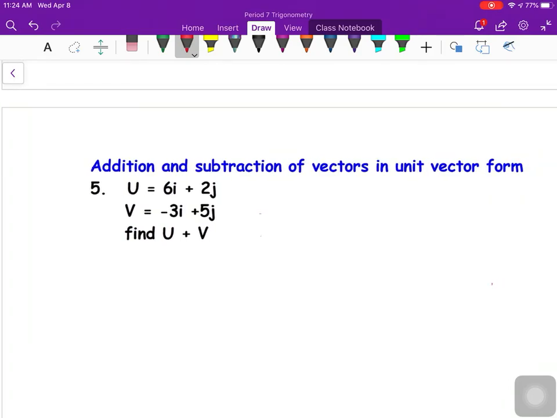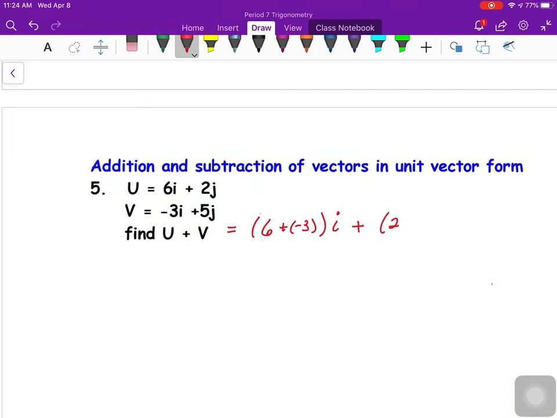Again, we've done problems very similar to this. We just called them horizontal and vertical components. Now we're referring to them as unit vector horizontal and unit vector vertical. Addition and subtraction in unit vector form means that we add or subtract the horizontals together.